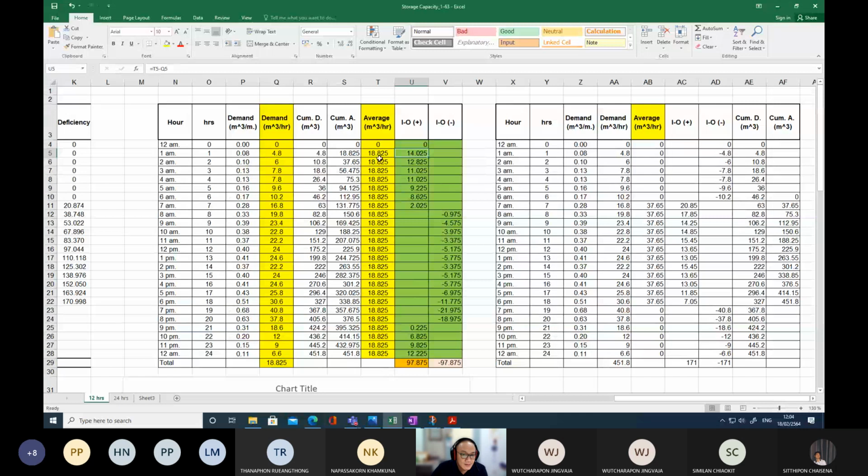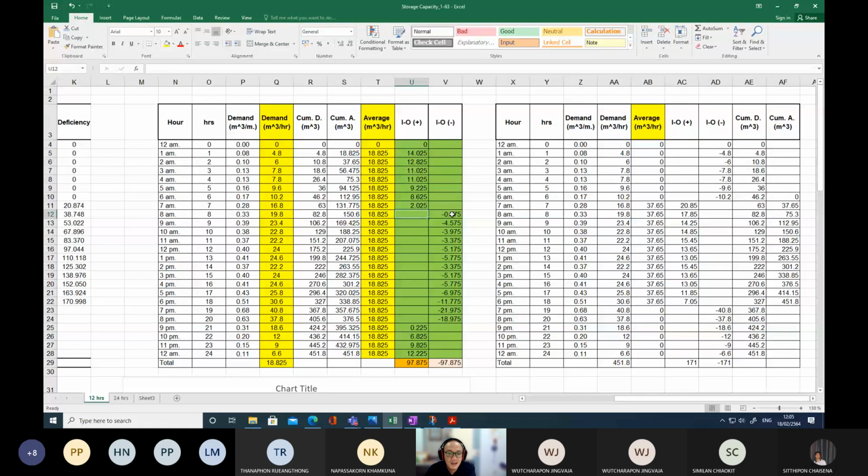With the constant flow rates, we take the difference between the demand and the average flow. This one is the average flow. This one is the demand. If you take the demand subtracted by the average flow, you will get positive and negative values. Here I'm taking the average minus the demand, so you will get the positive value.